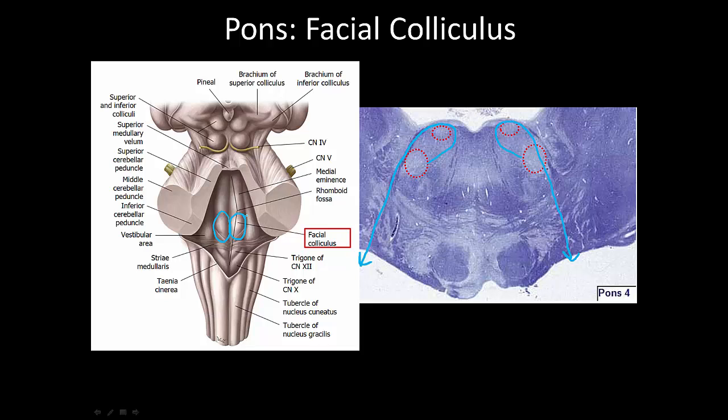Now, fibers that are leaving the abducent nuclei don't take quite as unique a course. They just travel straight anterior throughout the tegmentum and the basilar pons before they exit.